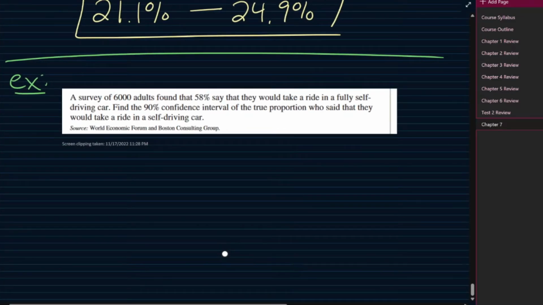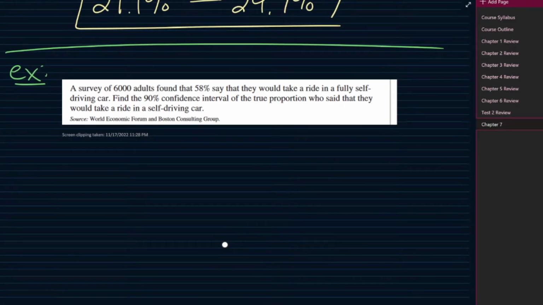So let's again find everything. We've got a survey of 6,000 adults found that 58% said that they would take a ride in a fully self-driving car. So they just gave us our p hat there. They didn't give us how many people said yes, they just told us p hat. It's 58%, as a decimal that's 0.58.